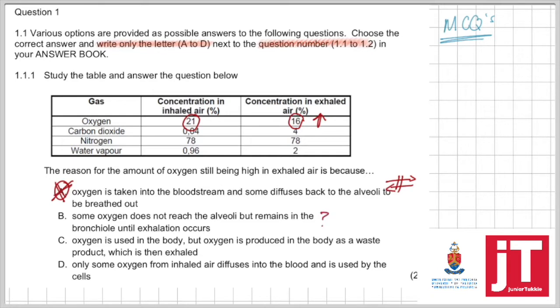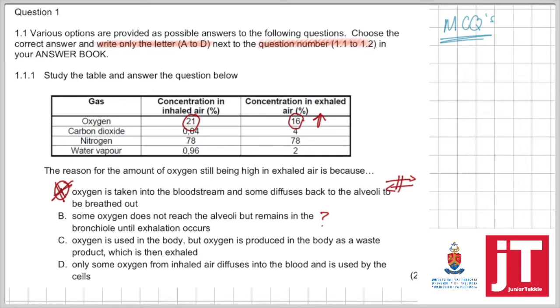If we look now at our next option over here, some oxygen does not reach the alveoli but remains in the bronchiole until exhalation occurs. Now that seems quite a viable option over there, but let's just look at the percentages.